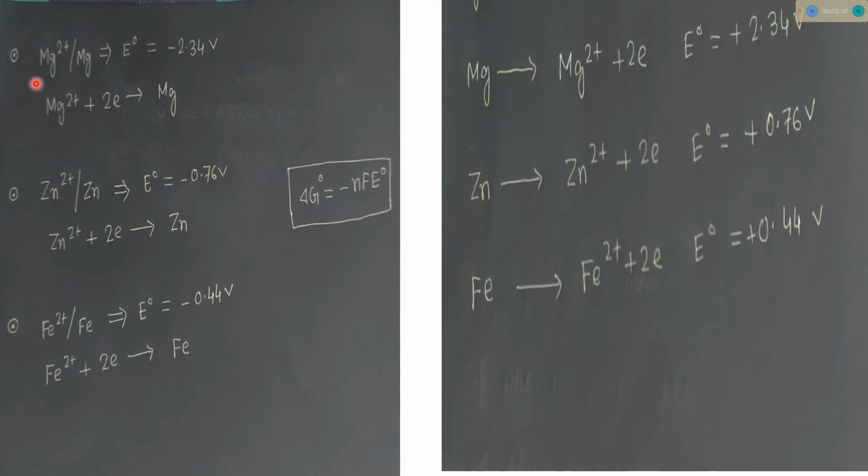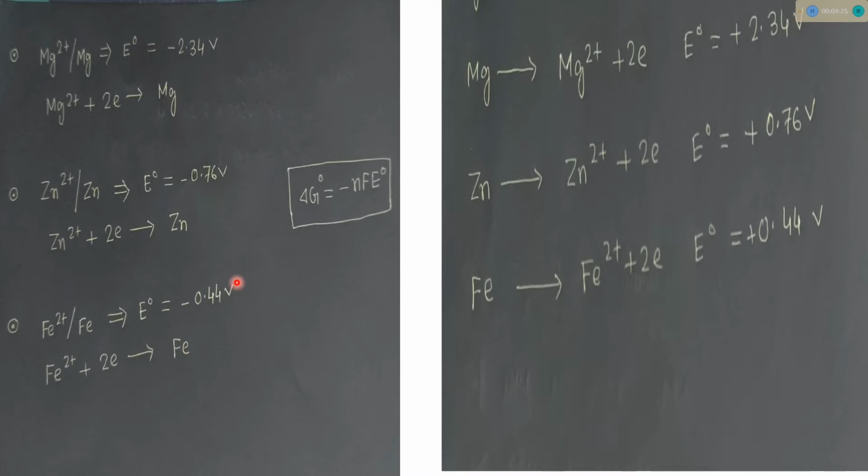So for these reduction reactions, the E0 value is negative, and from this equation, we can say delta G0 becomes positive. For every three systems, the E0 value is negative: more negative, less negative, and least negative. So in every case, delta G0 becomes positive, which means these three reduction reactions are thermodynamically not favorable.